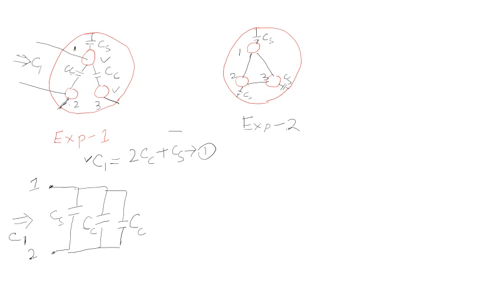So there are three cores, and I am selecting one. So this is one core and the sheath. This is my C2. I am measuring the capacitances between these two.